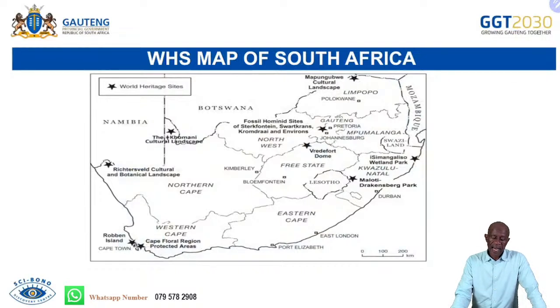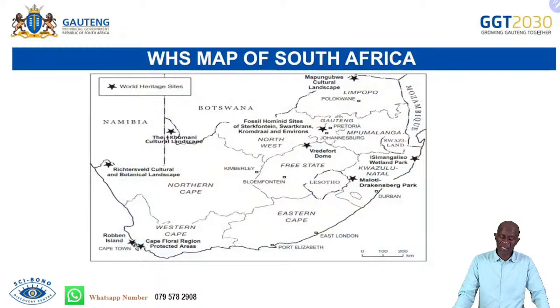Here is another map that further shows where the 10 World Heritage Sites are located, the exact spots and places where they are located on the map, like we have related with the numbers and the names earlier on.